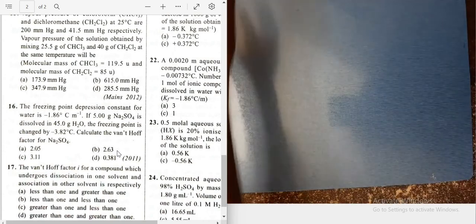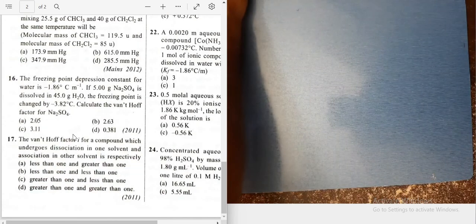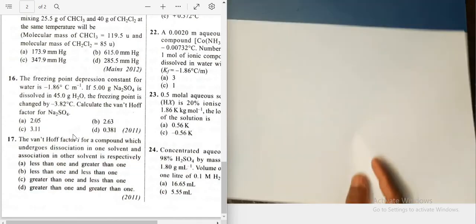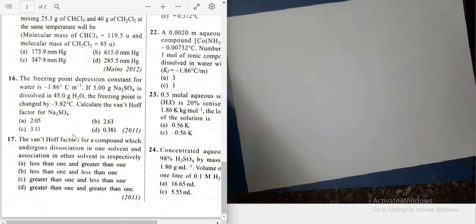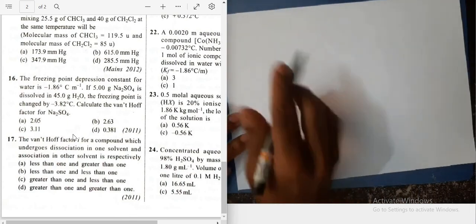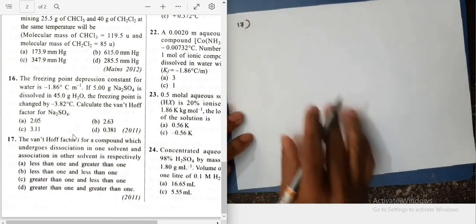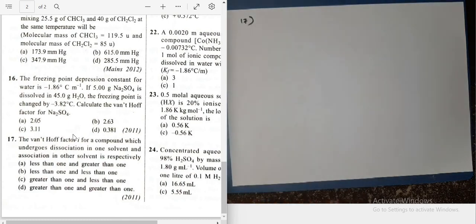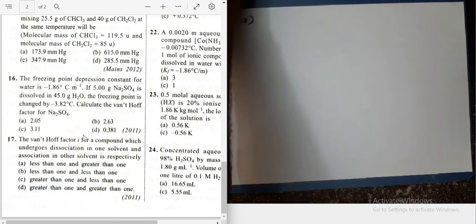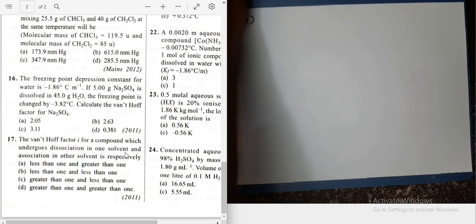Question number 17. Students, go through this question carefully. The Van't Hoff factor i for a compound which undergoes dissociation in one solvent and association in another solvent is, respectively.